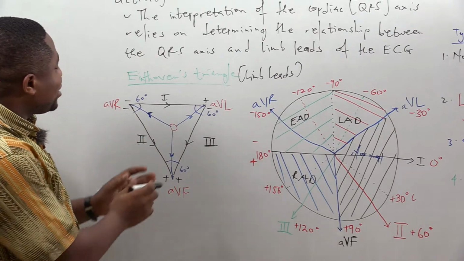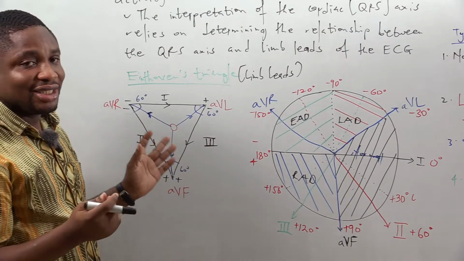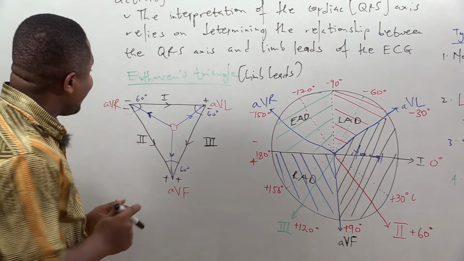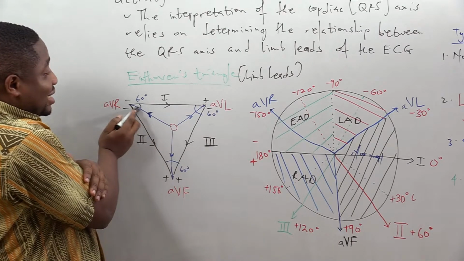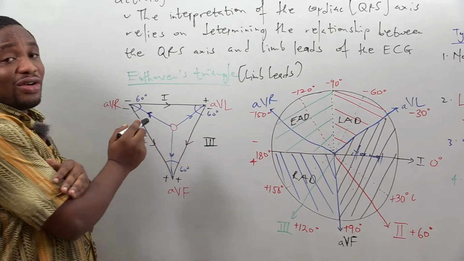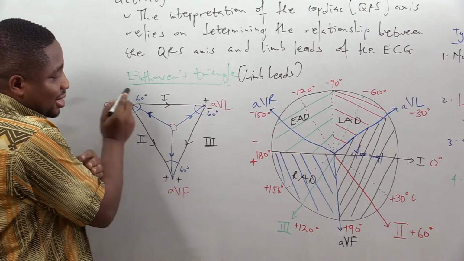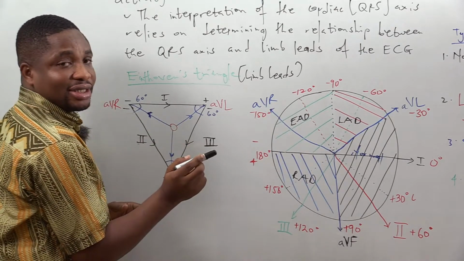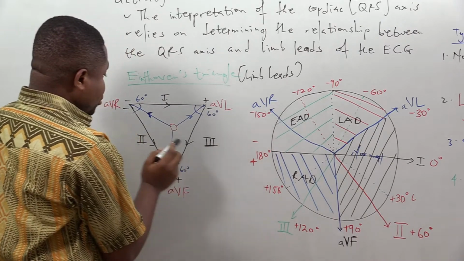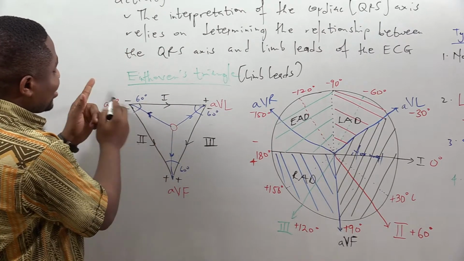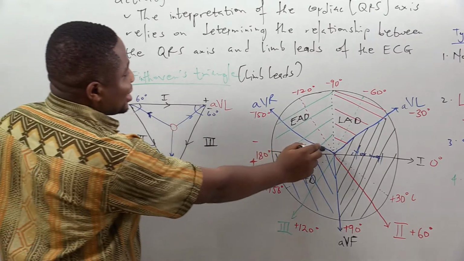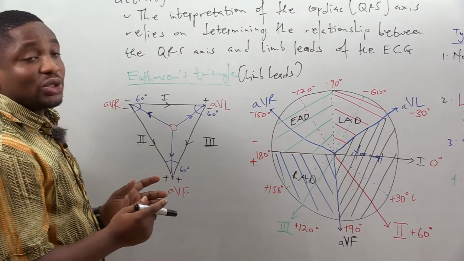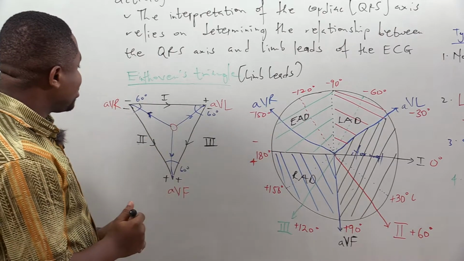Alright, the next one is going to be AVR, which we are not going to be using so much in our cardiac axis interpretation or the types of cardiac axis. So the AVR, you can see, is also bisecting the angle of 60. That will give us an angle of 30 degrees. And look at the inclination. This inclination is the same as this inclination. If it's an angle of 30 degrees, and you add 30 degrees to this 120 here, that will definitely give us 150 degrees.